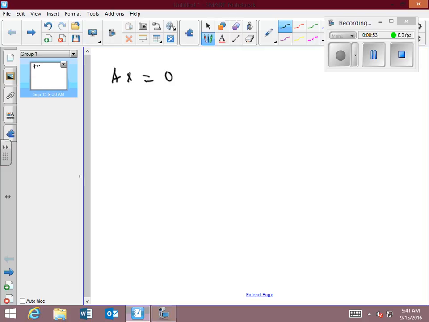Now, if it has any solution other than the trivial, it's non-trivial, and notice on the next page, 44, it says, homogeneous equation AX equals 0 has a non-trivial solution if and only if the equation has at least one free variable.